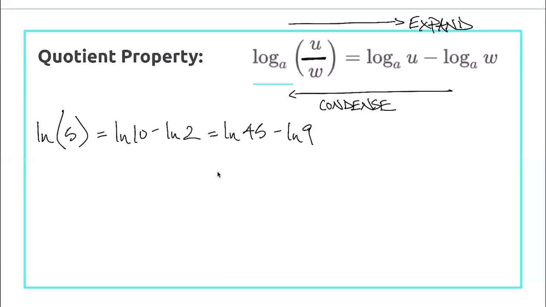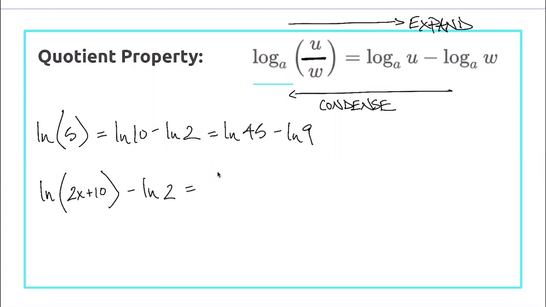But if we were condensing, which again, that's the skill we're going to use tomorrow when we solve equations, maybe I have natural log of 2x plus 10 minus natural log of 2.